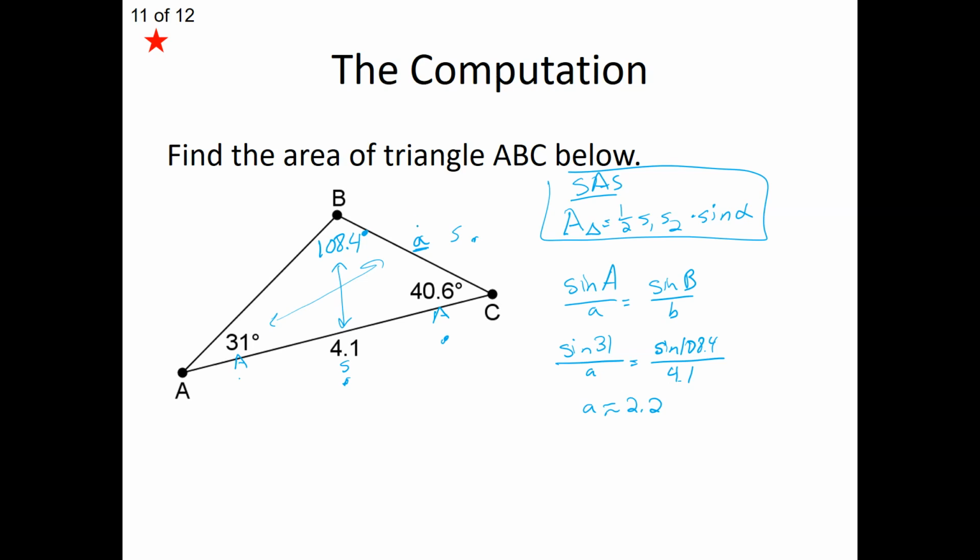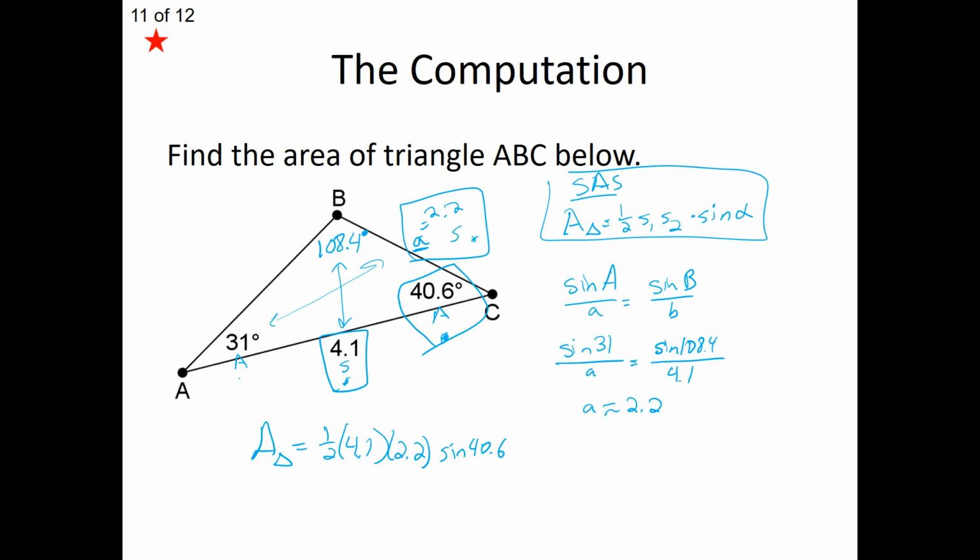Now that we have this missing side, we have a side-angle-side pattern. Look at that: a side, an angle, and a side. Because of that, we can pop that into our area formula for the side-angle-side pattern. So the area of the triangle is equal to one half the product of the two sides, 4.1 and 2.2, times the sine of their included angle.